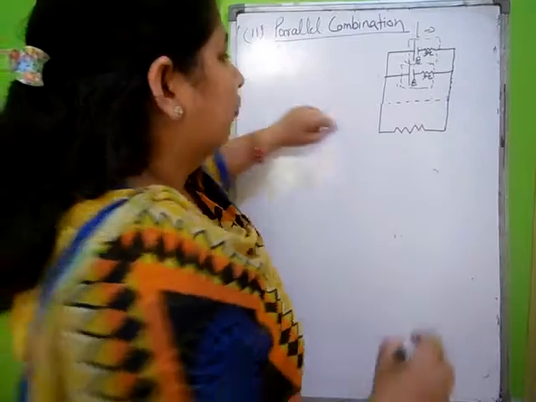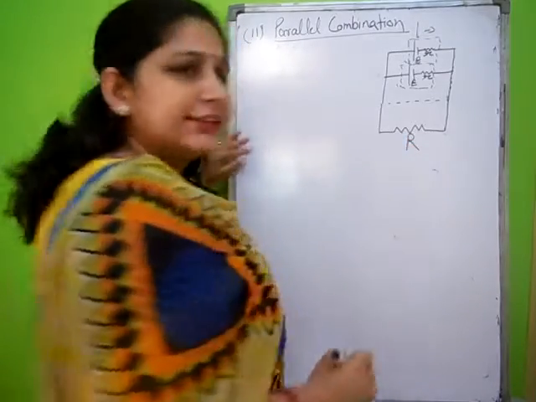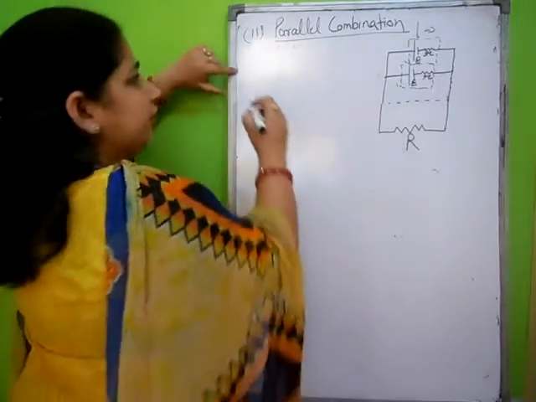Now listen, this is the capital R, the external resistance. What do we have?